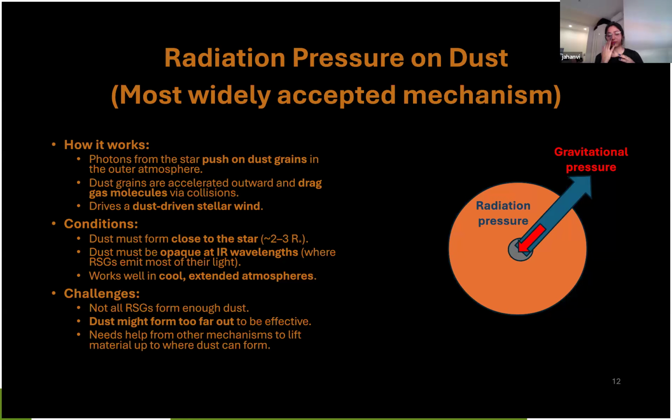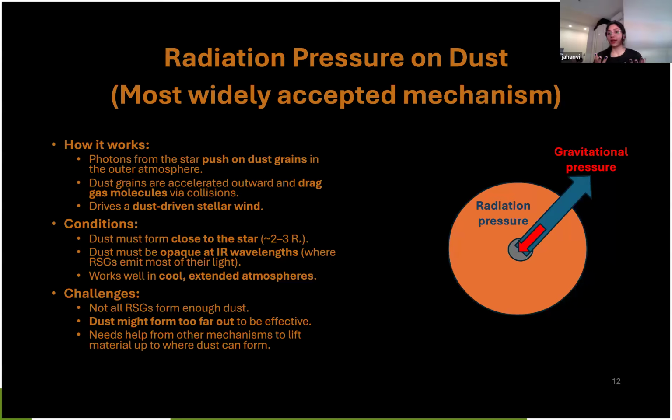And as I said, in comparison to AGB stars, which are asymptotic giant branch stars, the effective temperature of RSGs is much higher, which means that the material needs to go a bit further from the star.